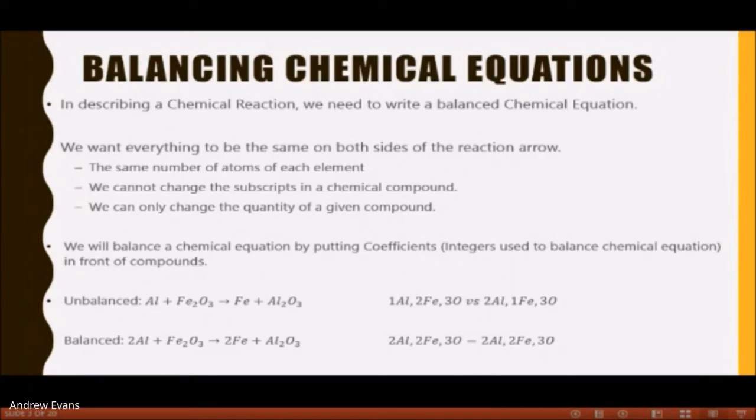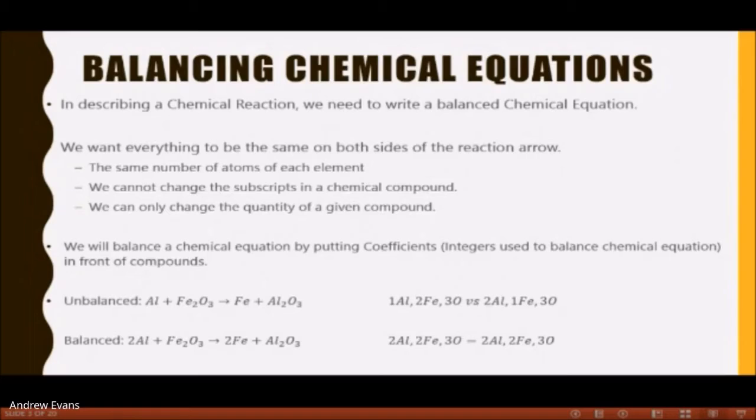We're not allowed to change the subscripts, but we can change the quantities of given molecules. So we're going to use what we call coefficients. Coefficients are typically going to be integers we use to balance a chemical equation. On occasion, we'll use halves and other non-integer values, but that's only for very special definitions.